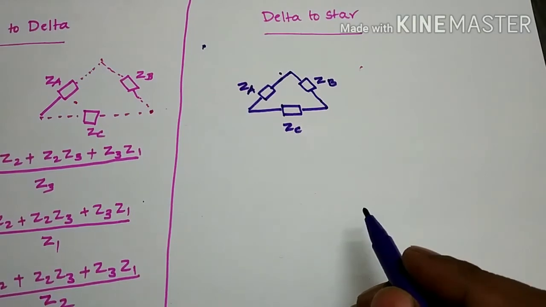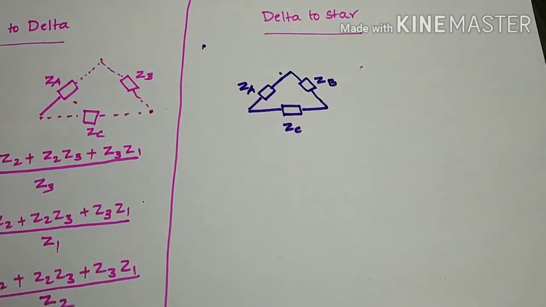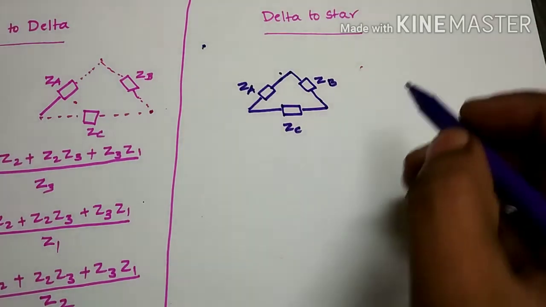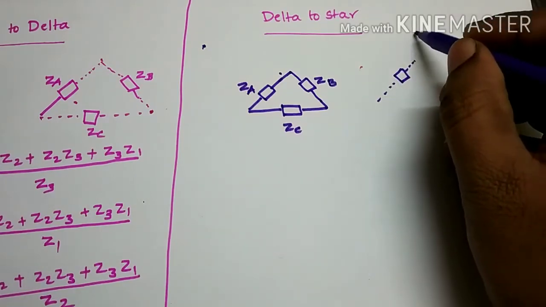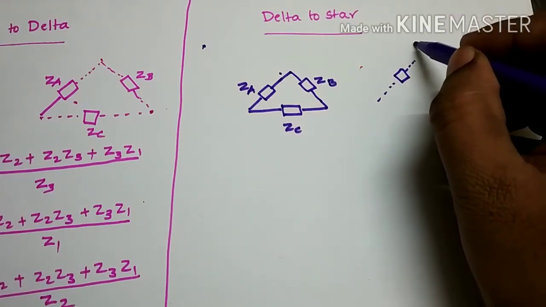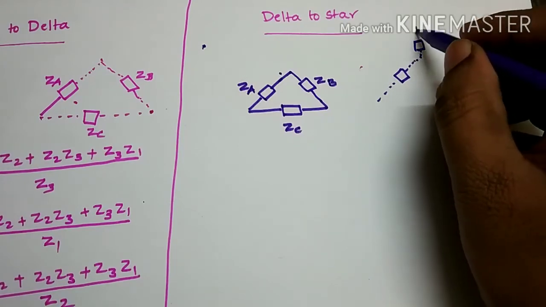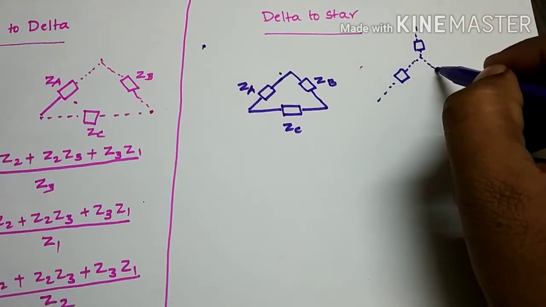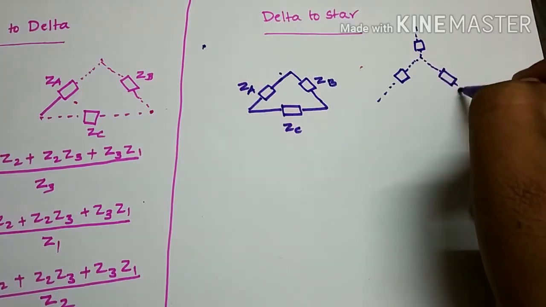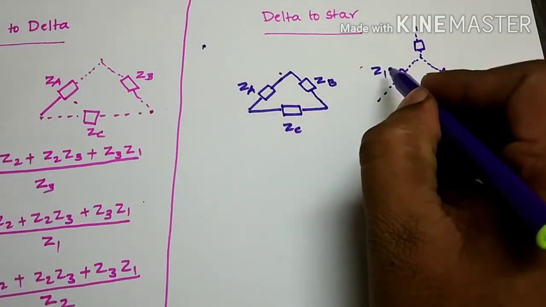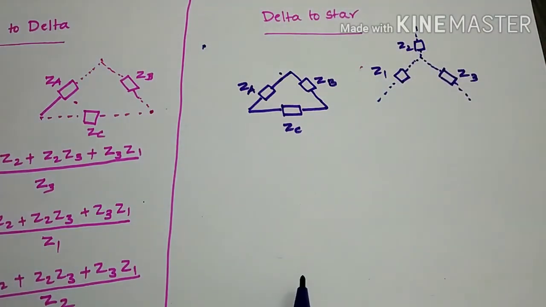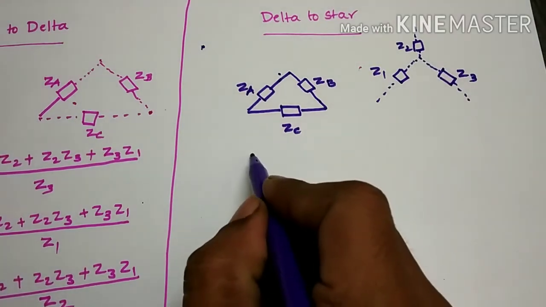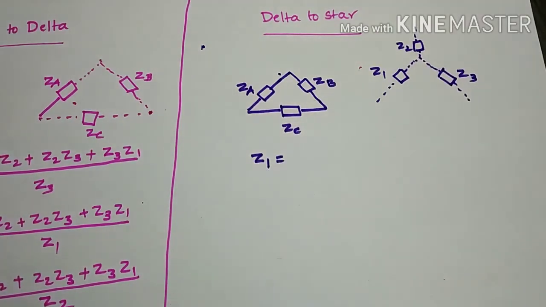You have to find the unknown values, which are the star values Z1, Z2, Z3.